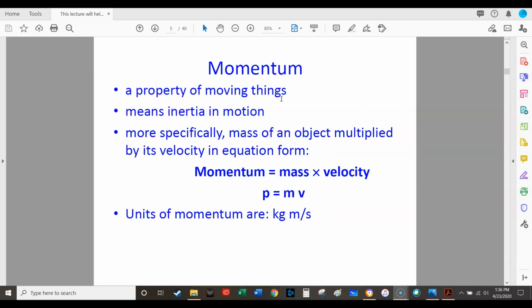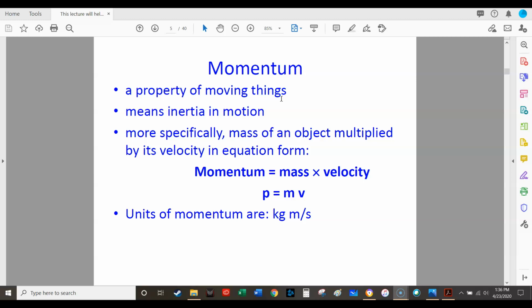Here we go. Momentum basically is a property of all moving things. All objects have inertia, and momentum is specifically inertia in motion. So in a way, it's an offshoot of Newton's first law.